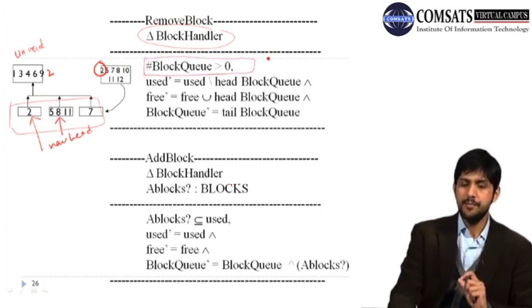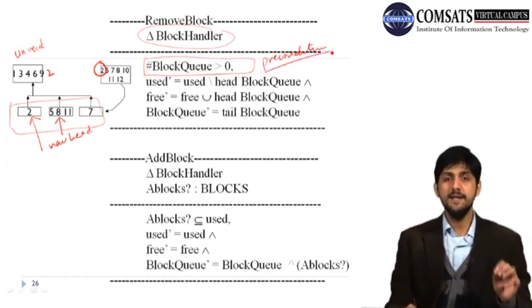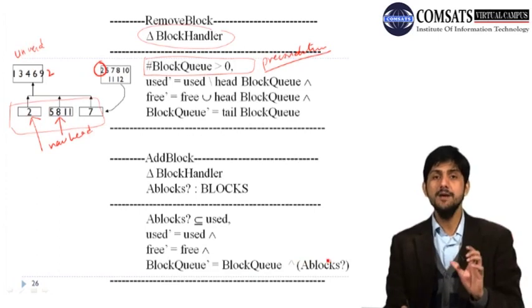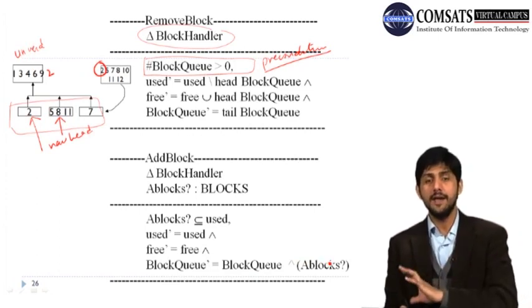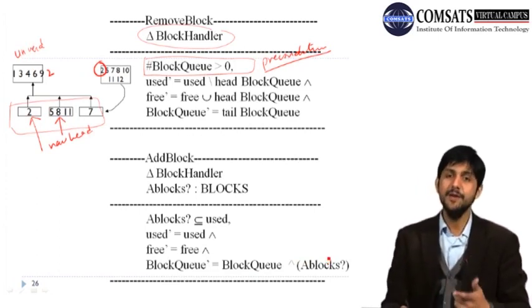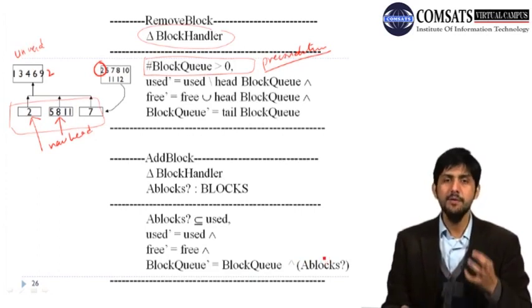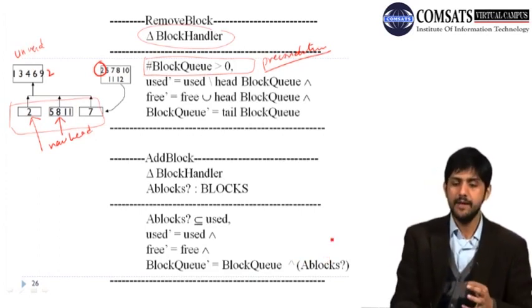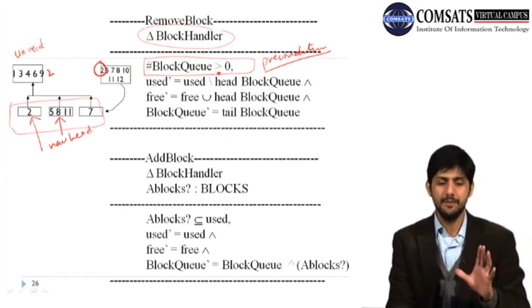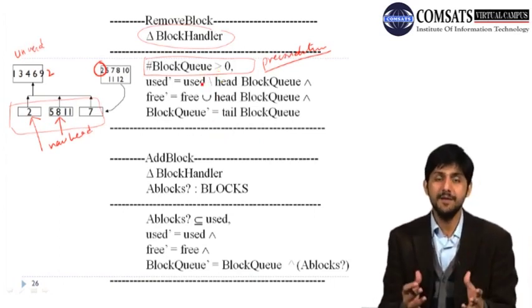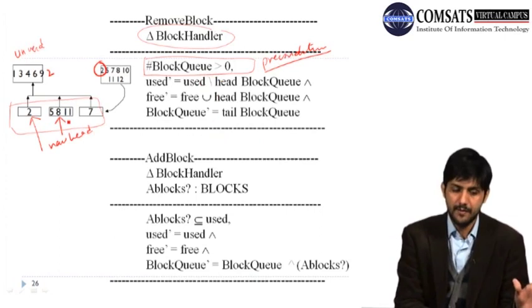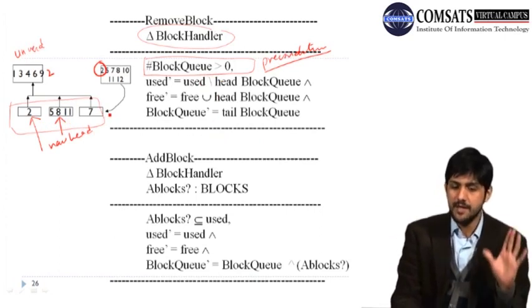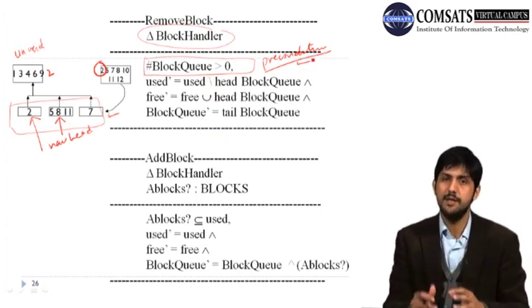Remember we said each operation can have a precondition and a postcondition as well. So what is the precondition? That the number of elements in the block queue is greater than 0, not 0. We can only remove something from the queue if there is something in the queue. So this precondition stays true, and we go ahead with the operation.